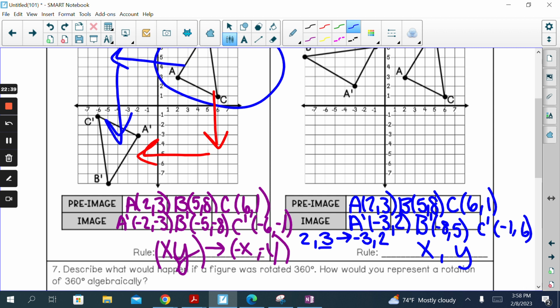And my 3, which is my original Y, went from positive 3 to negative 3. So we have (x, y), and then what happened was Y went to the front, and Y switched signs. So we have (the opposite of y, x) as the rule to describe our rotation.